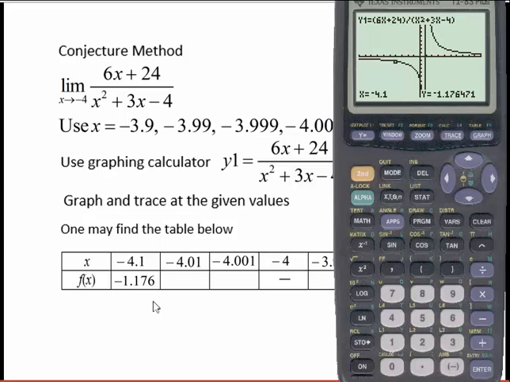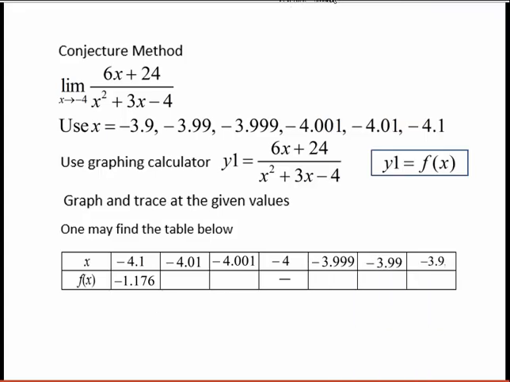So we type this answer here, and this way we complete the table and we end up with this type of results. Now you can see when we are approaching from left to negative 4, our answer is close to negative 1.2, and when we move from right side of negative 4, that also goes in the same. So then our limit for this problem is negative 1.2 by the conjecture method.